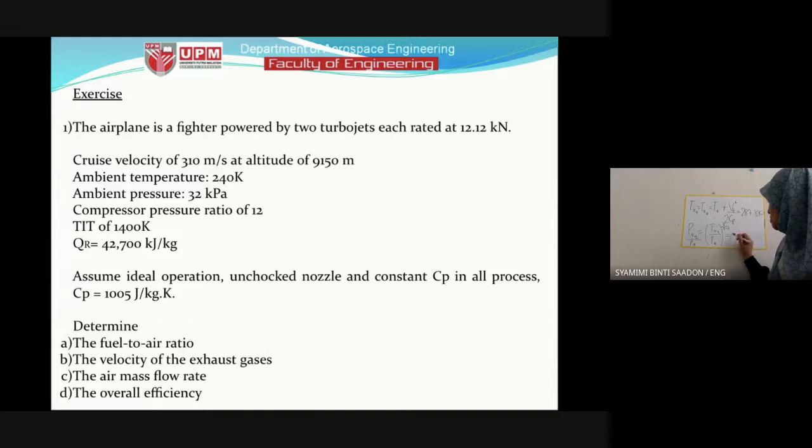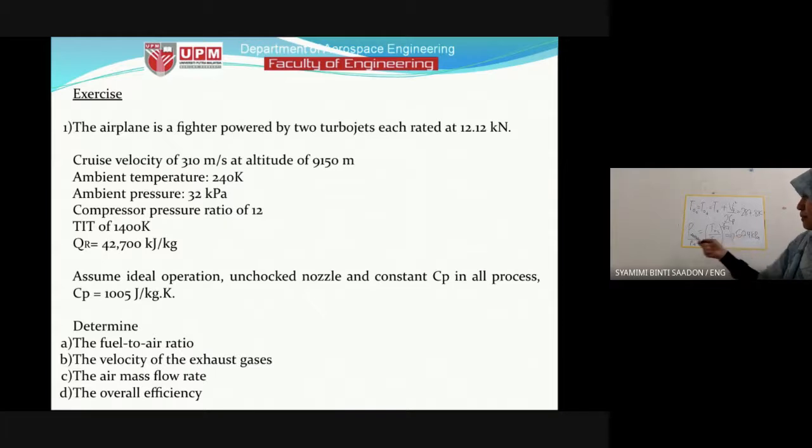So what is PO2? PO2 is around 60.4 kilopascal. Leave it in kilopascal. The number is smaller. You can leave it in kilopascal or bar, whatever is given.